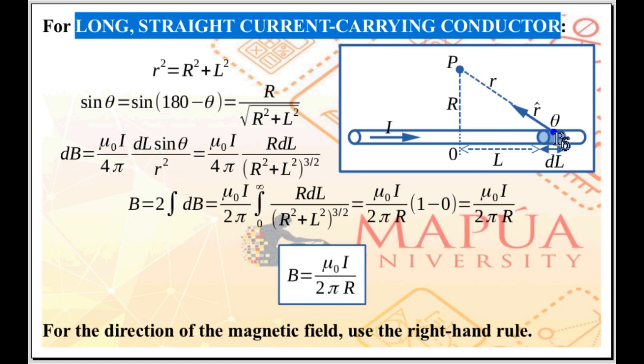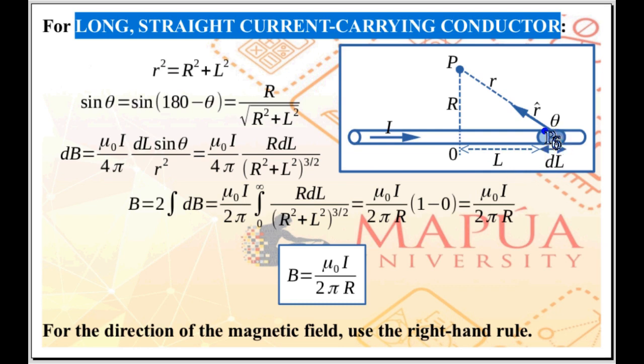Now, small r is basically the hypotenuse of a triangle with sides capital R and let the other side be length L. Once we integrate dl to form the shape of the conductor, L will be the total length of the conductor.